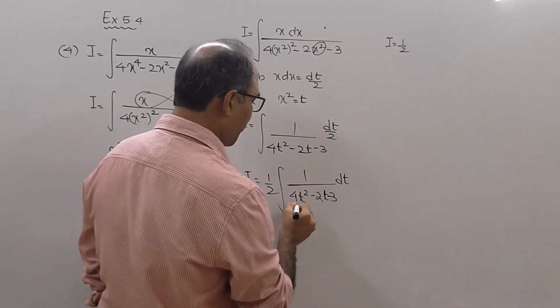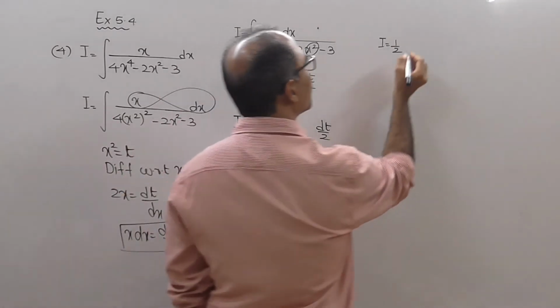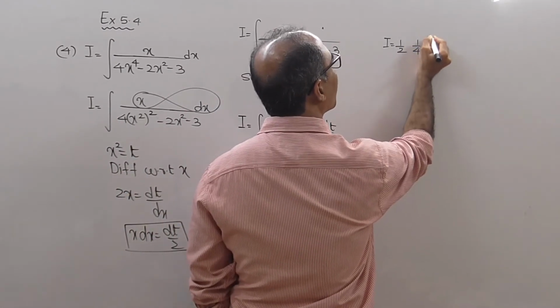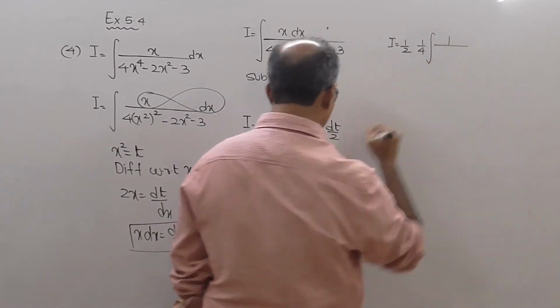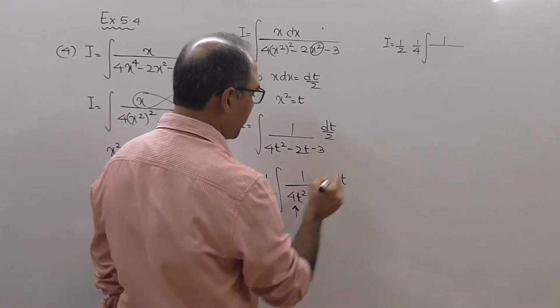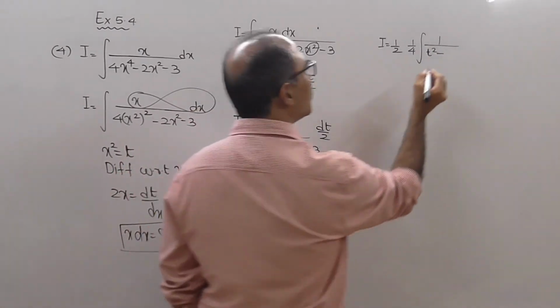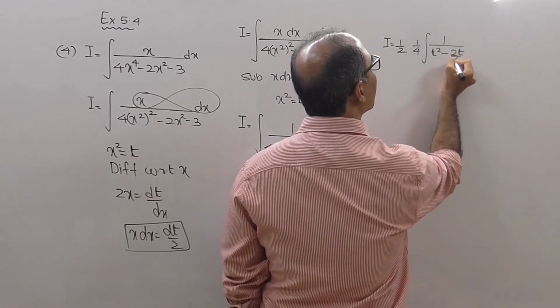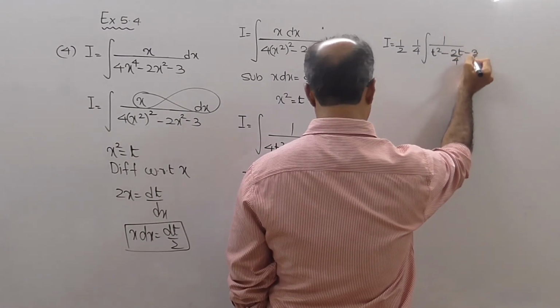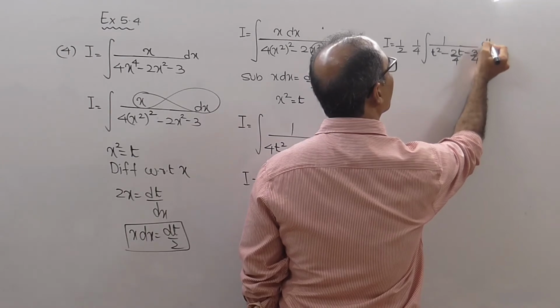See, always the coefficient of t square has to be 1. So you take 4 outside from the denominator. So क्या आएगा, सब कुछ 4 से डिवाइड हो जाएगा, 4t square upon 4 will give you t square. This will become 2t upon 4 minus 3 upon 4 and dt.